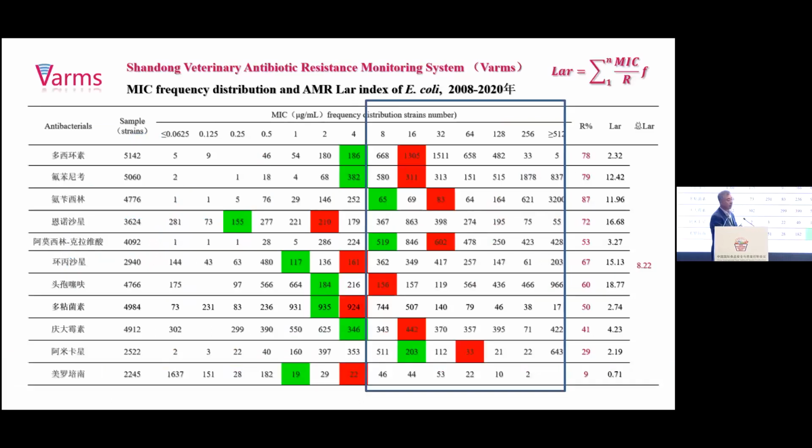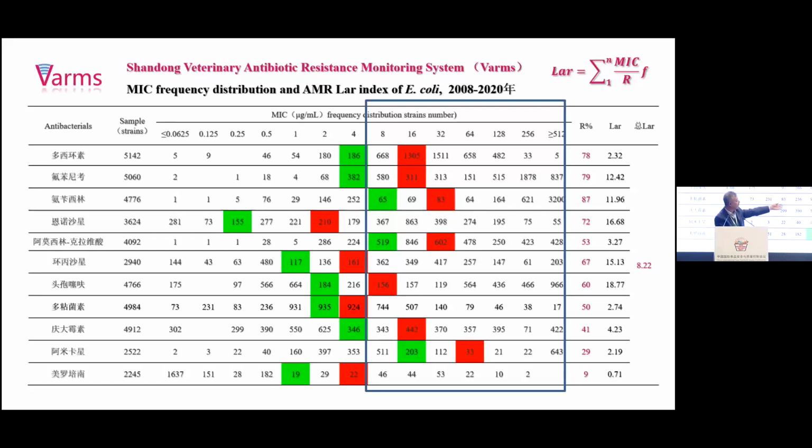So these two networks are integrated, and this is for the AMR in animals. This is about E. coli. Look at the 10-year results. And for E. coli, the red part is the threshold. If it's above the red one, it's AMR.